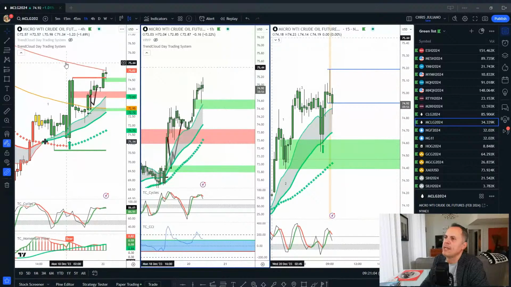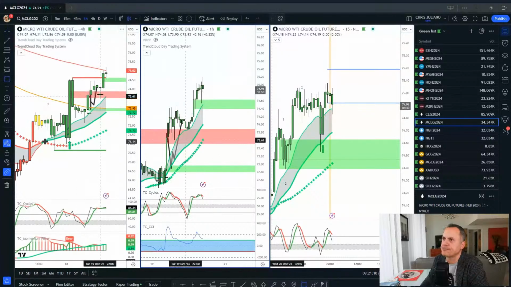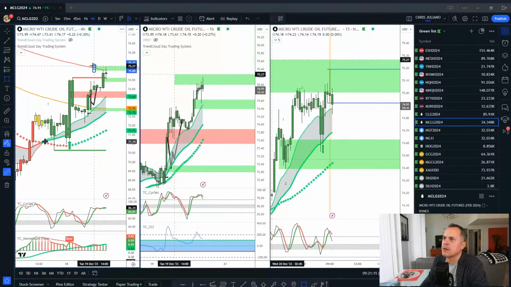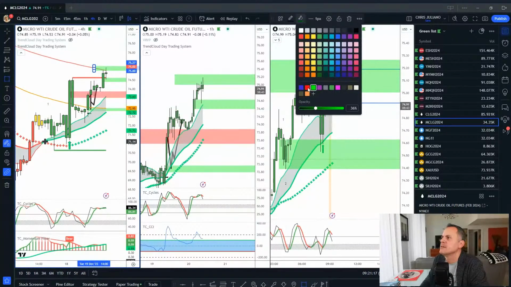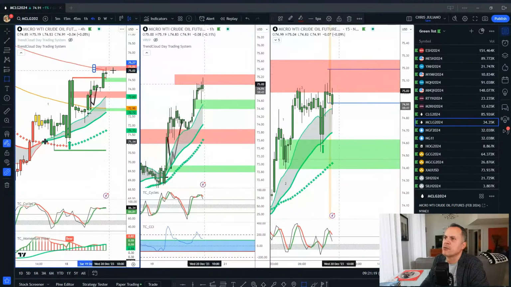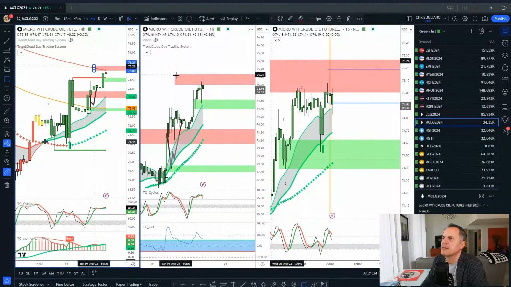All right, so we are hitting the 200 simple up here. Let's draw that out right here. That is the 200 simple moving average, and that's the length of the candle.